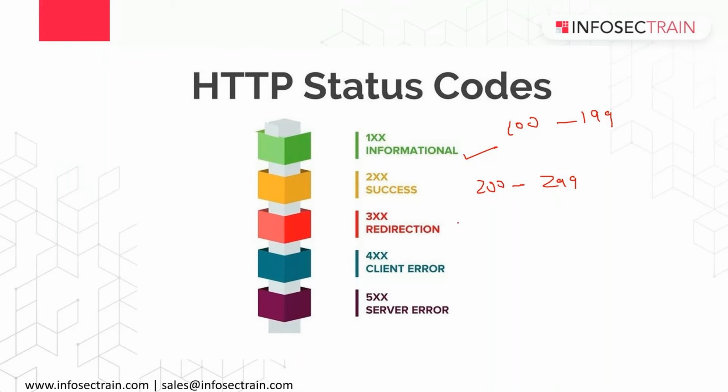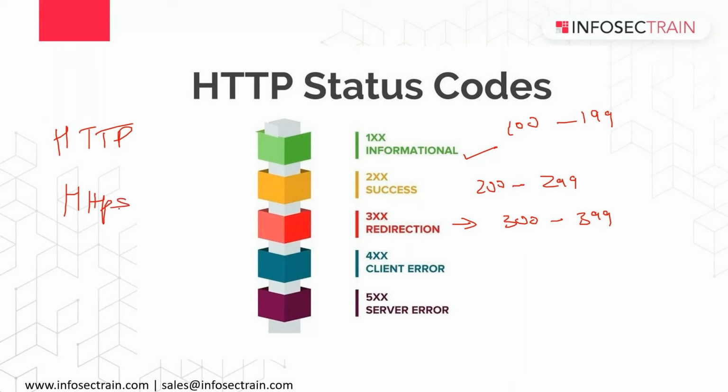If it is in the range of 300 to 399, it shows redirection. Redirection means you are getting redirected from one page to another, or even your protocol is being changed from HTTP to HTTPS.